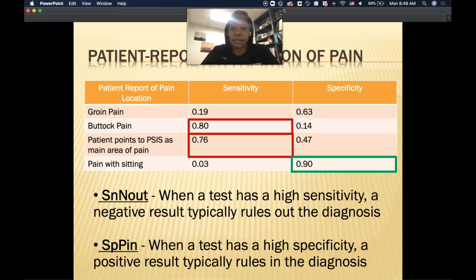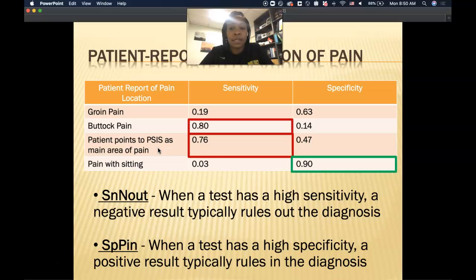So when we look at this table, here's where patients reported pain when they had low back pain. Patients reported groin pain, butt pain, pain in the PSIS region, and pain with sitting. These are the symptoms that patients reported.